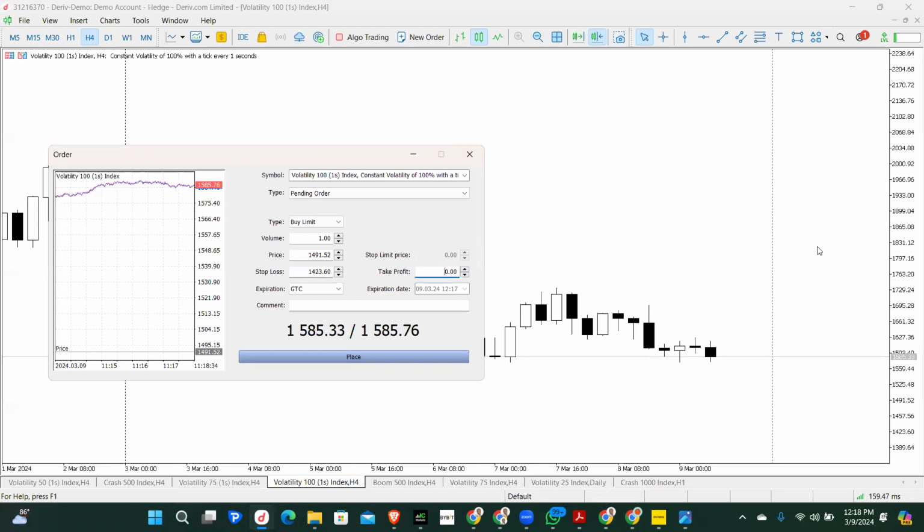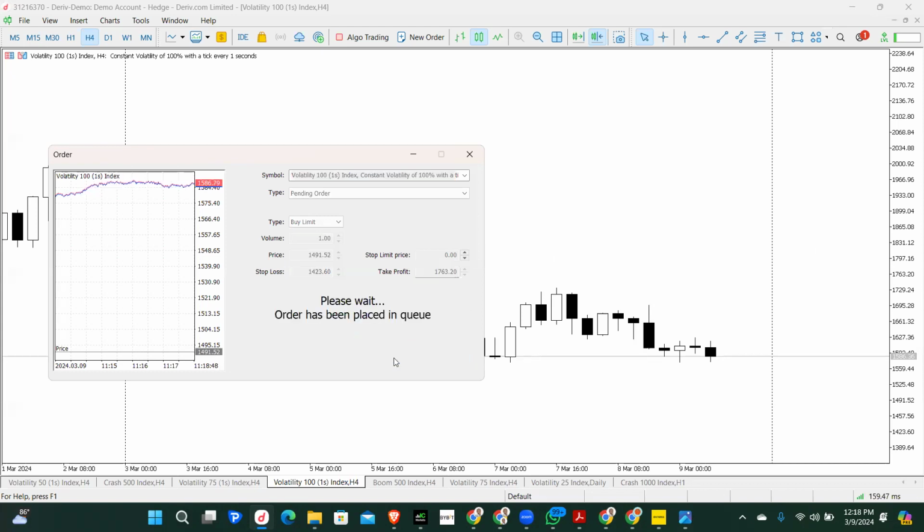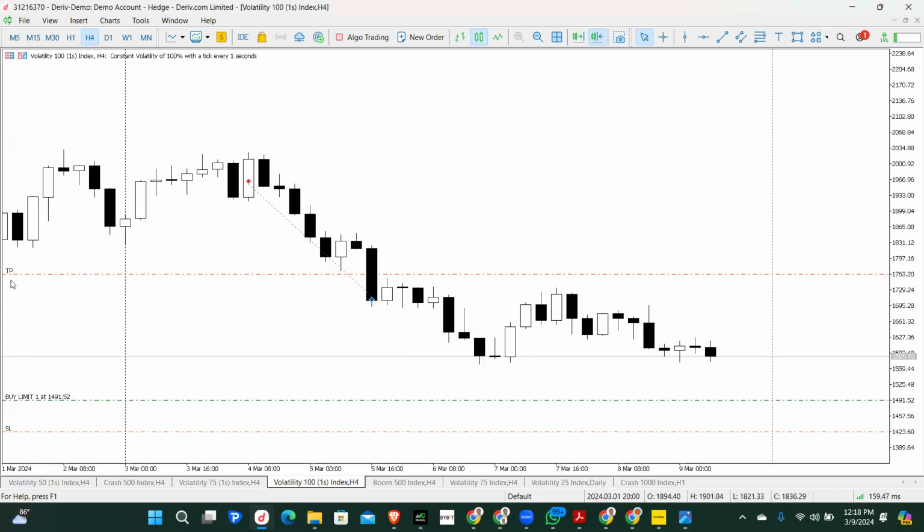Maybe I want to use the price of 1763.20. So if I place the trade now, you are going to see the TP, which is a price above my entry, while the stop loss is a price below my entry, right?